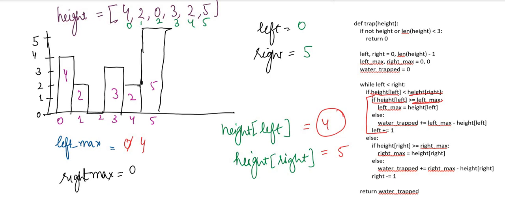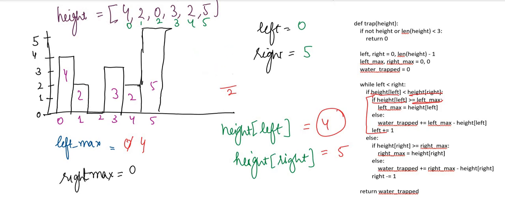If it is not so, what you have to do is the water trap, because if it is not greater than the maximum, then only can we trap the water. See, it is a very basic approach. If right now the height that you have is less than the maximum, that means on the left something is bigger than the present one. For example, right now you have 2 and previously something bigger than this is present, which is 3, then only you can block water here.